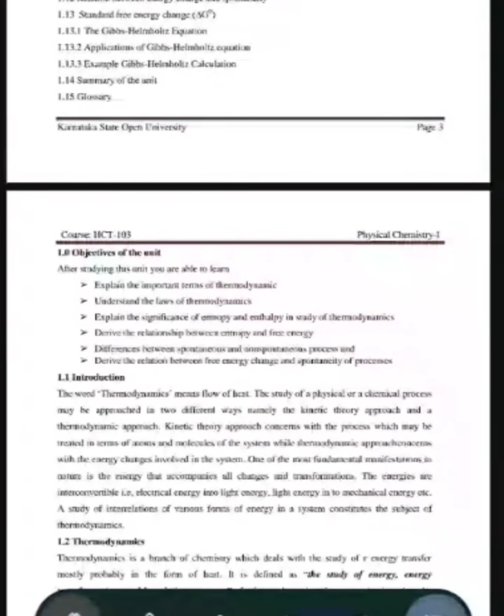One more important thing: under each unit there will be some important questions. You should go through these. In the whole syllabus you can't read everything, so at least you should go through these important questions in each unit for getting a good score.